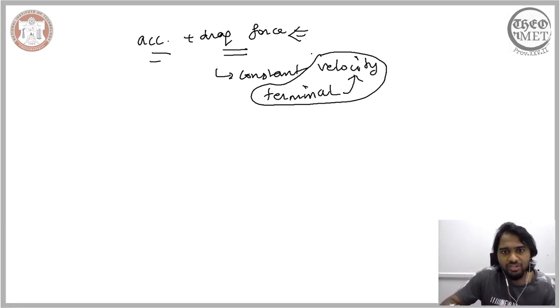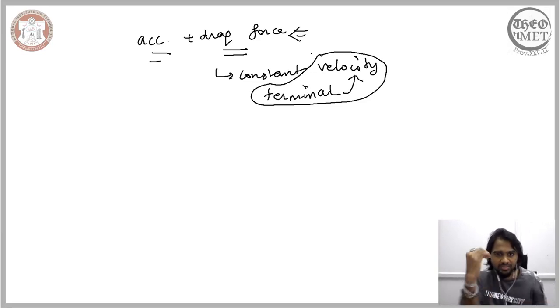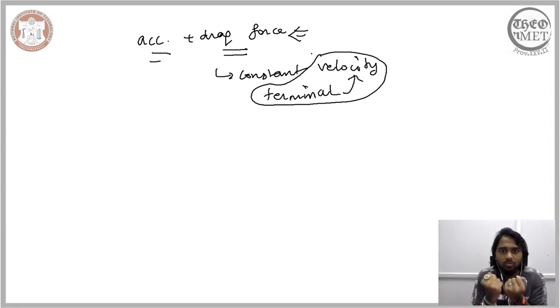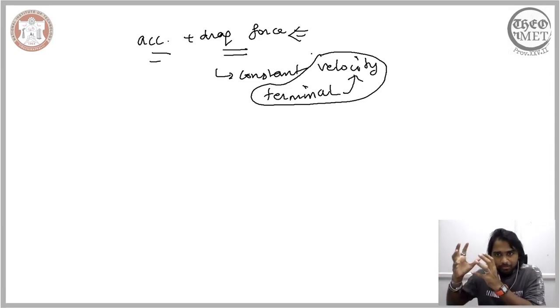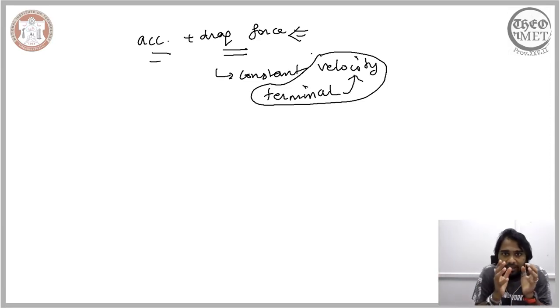What we want to know is how this drag force, this resistive force, acts when a particle falls through a given medium, because this drag force plays a critical role in achieving the terminal velocity. In the absence of the drag force, you would have not a constant velocity but an increasing velocity. It is this drag force that brings about a constant velocity.